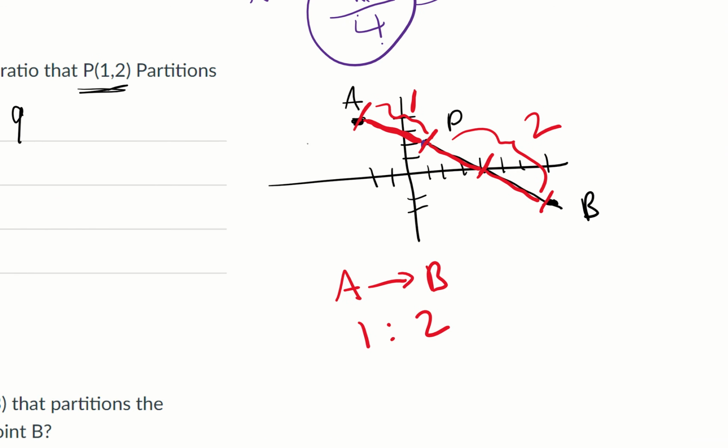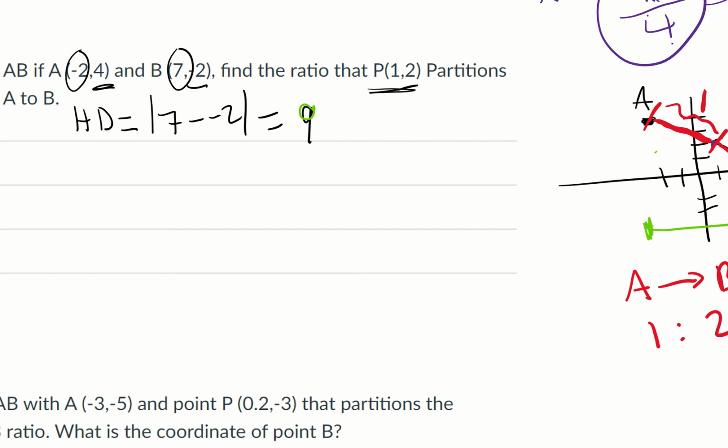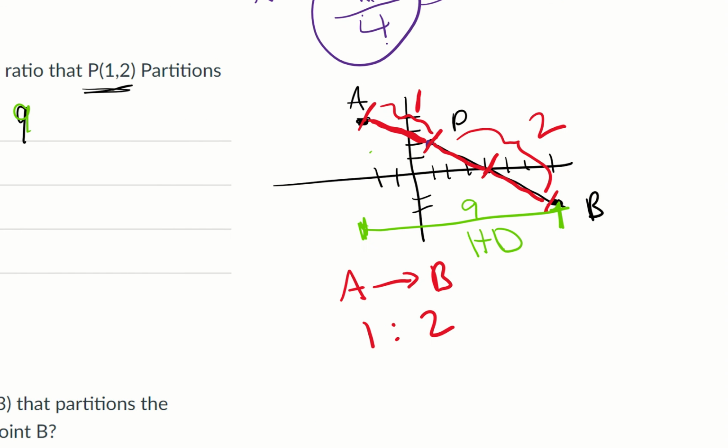So we know the distance from this point in A to this point in B, that's the horizontal distance that I found, is 9. So now we've got to figure out, what's the horizontal distance for P from A to P?